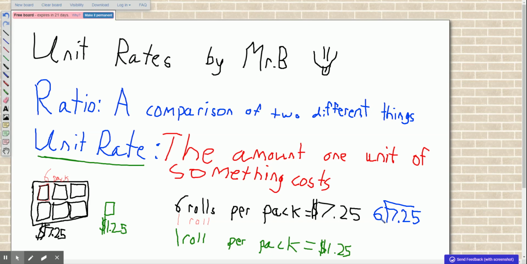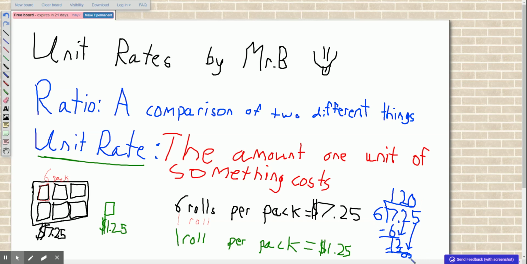Starting off, we have 6 goes into 7 one time. 6 times 1 is 6. 7 minus 6 is 1. Bring down your 2 would give us 12. 6 goes into 12 2 times. 6 times 2 is 12. I'm going to run out of room here. Bring down my 5. 6 goes into 5 0 times.